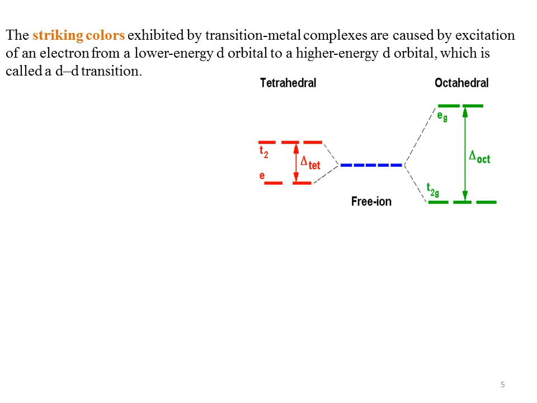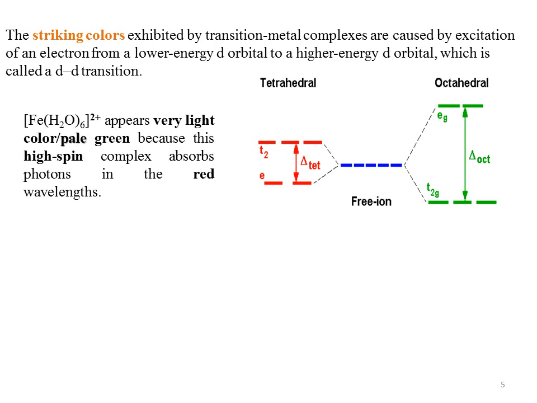In case of octahedral complexes, the 3 degenerate orbitals are of lower energy and 2 are of higher energy, while in case of tetrahedral complexes we have two sets of d orbitals, e as lower energy orbitals, and 3 degenerate d orbitals become of higher energy, while you can see in free ions all the 5 d orbitals are of the same energy. So the electrons excite from lower energy to the higher energy orbital and then emit the energy in the form of light, and then we observe the color.